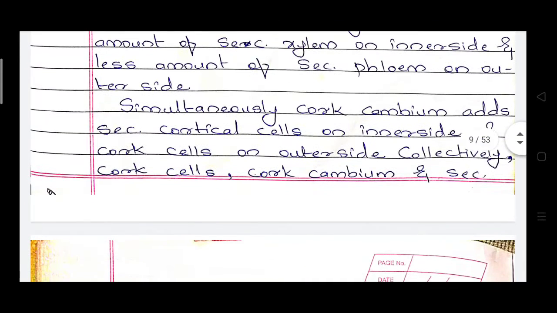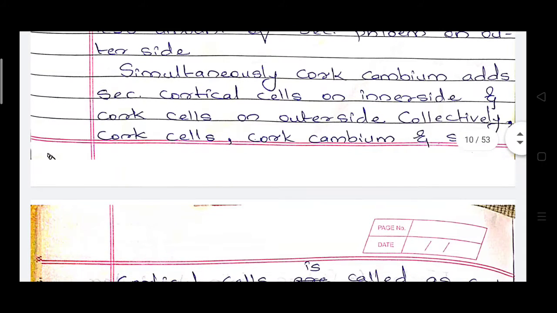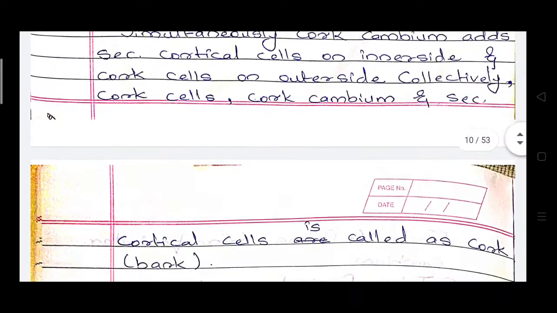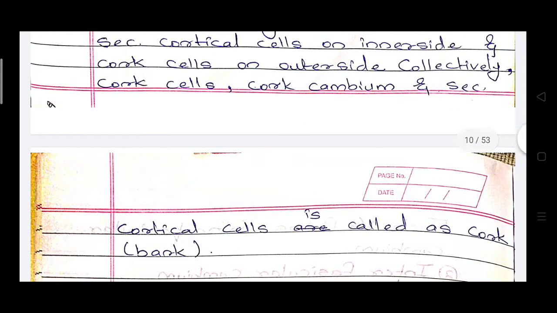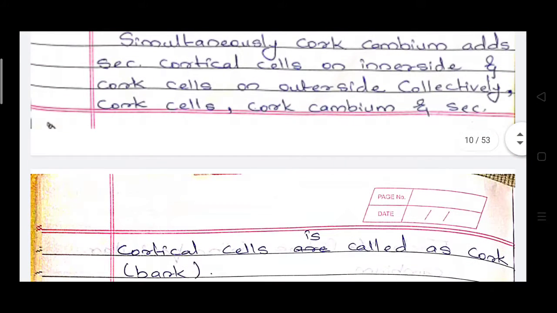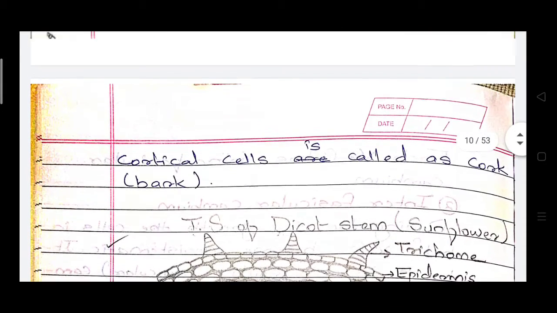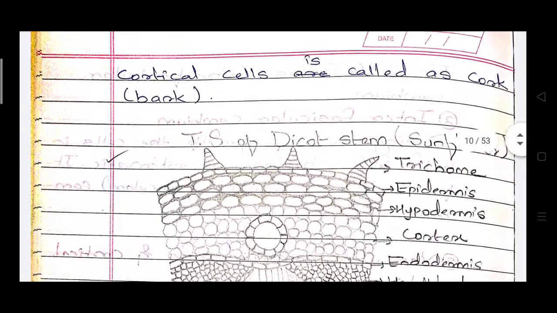Simultaneously the cork cambium adds secondary cortical cells on the inner side and cork cells on the outer side. Collectively cork cells, cork cambium and secondary cortical cells are called cork or bark. So the bark, the outer part of the stem, is developed due to this normal secondary growth. I hope all of you have got this point.